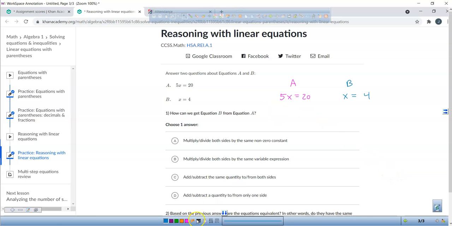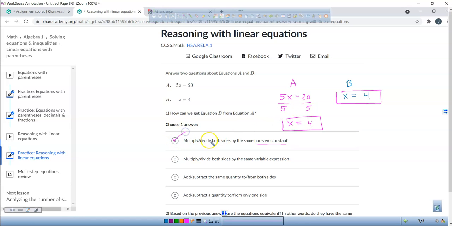So if we divided this side and this side by the number 5, we get x equals 4. So now I have equivalent equations. But what did I do? I multiplied or divided both sides by the same non-zero constant. The non-zero constant that I divided both sides by was a 5.